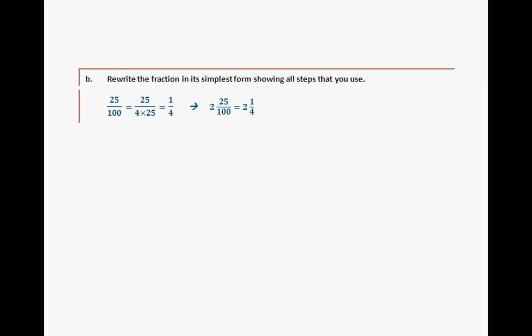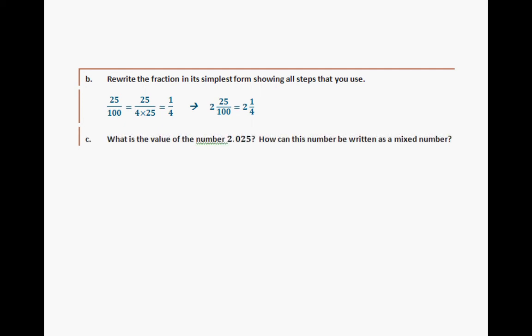But again, once you get proficient in this, you can simplify it even more and keep the 25 and split up 100 into 2 factors of 4 and 25, and therefore all you have to do is cancel out the 25 over 25.